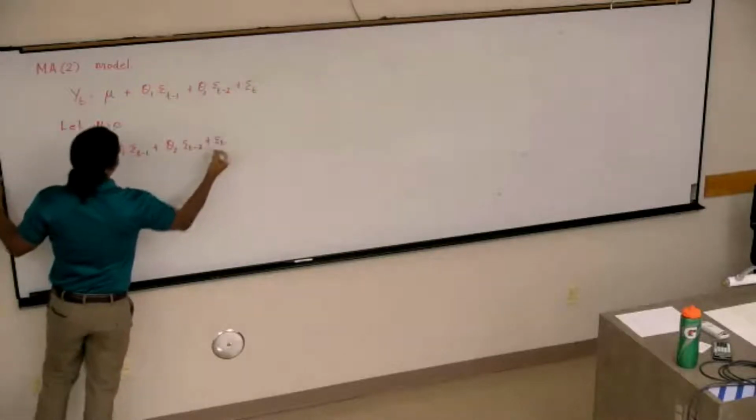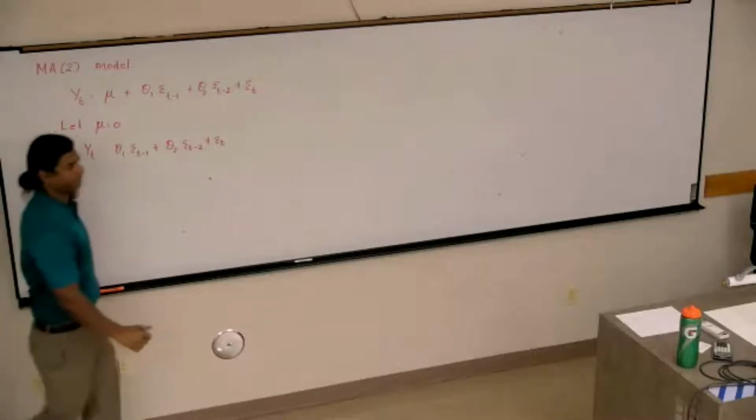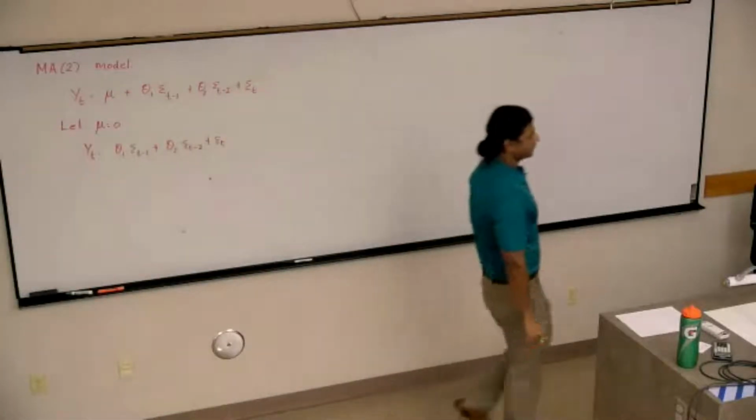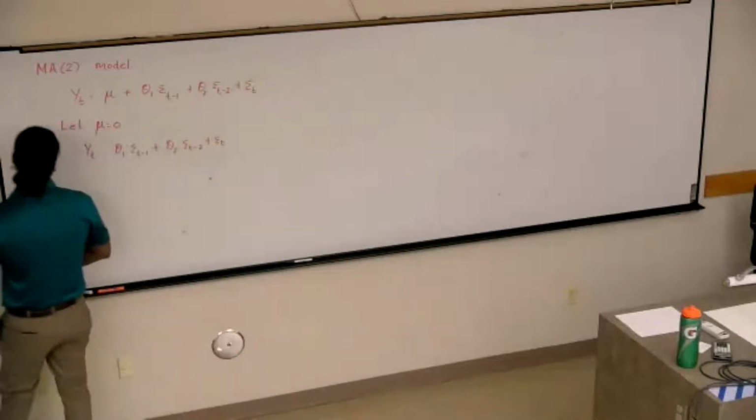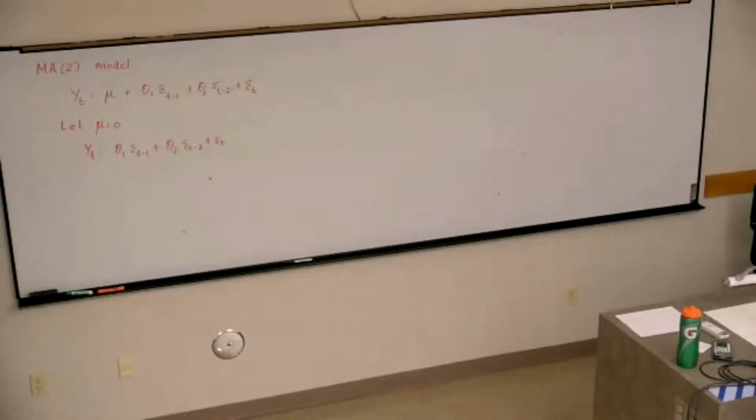Yeah, but I kept it as 0 last time. So we don't move this to the other side and find the characteristic polynomial; rather, we're going to make use of the covariance function and such to determine the values of theta 1 and theta 2.